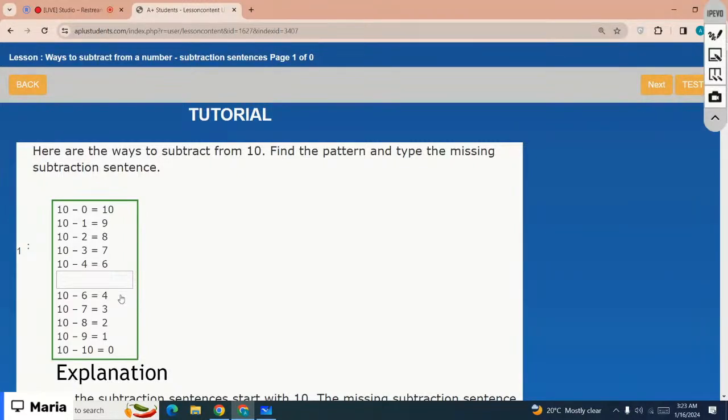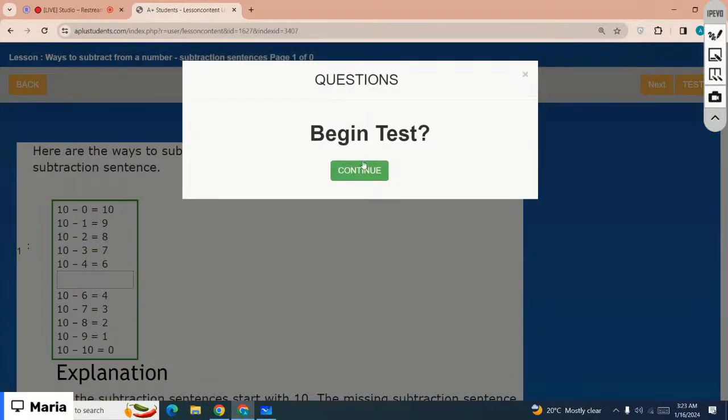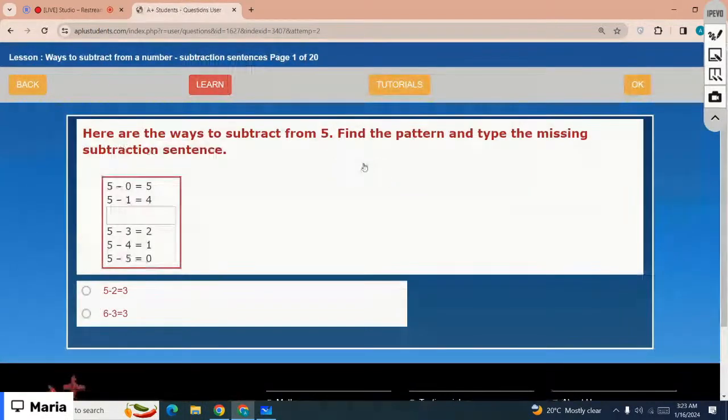Okay, so there are so many ways to make a number. Let's just start with the example. Here are some ways to subtract from 5, right? Find the pattern and type the missing subtraction sentence. So here you are subtracting from 5. You have to find the pattern and then find the missing number, right?